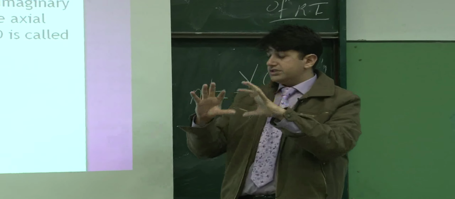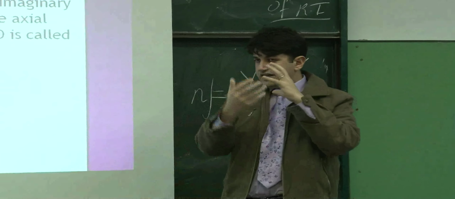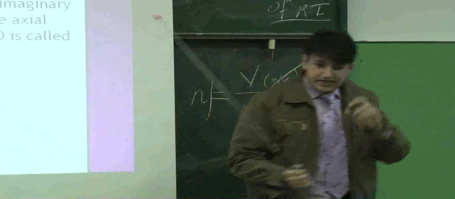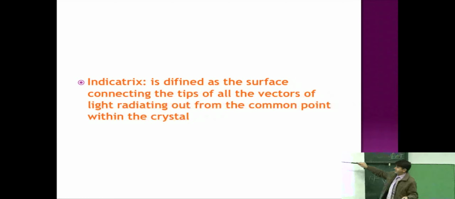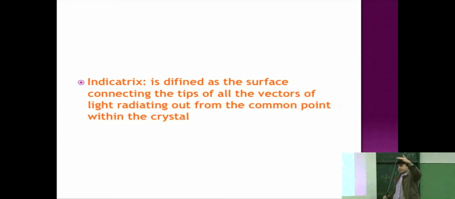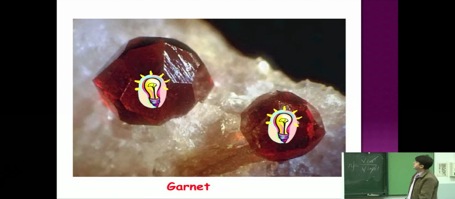The surface connecting these refractive indices is called the optical indicatrix, or is defined as the surface connecting the tips of all the vectors of the light radiating out from a common point within the crystal. From one point radiating light. So this is the indicatrix.